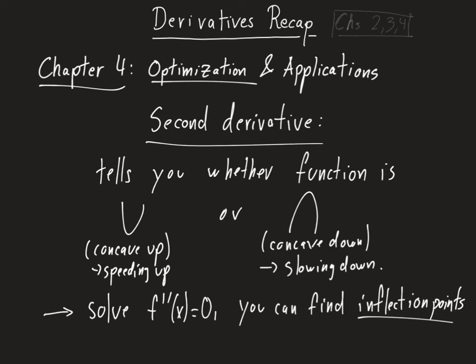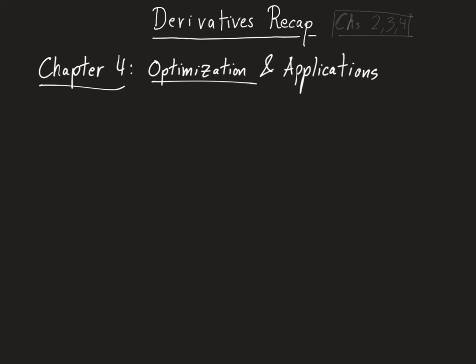Okay, a quick word on applications. I mentioned earlier that applications are the main focus of optimization. If we're trying to optimize something, that means that there's something in real life that we care about enough to try to find the minimum or find the maximum for. There's a lot of different applications that can be relevant here. A lot of them relate to business.